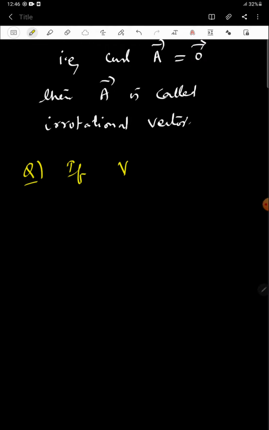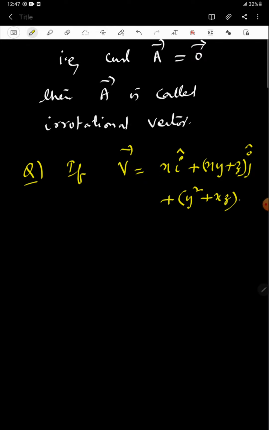Now let us do a problem quickly on this concept of curl. If vector V is equal to xi plus (xy plus z)j plus (y square plus xz)k, then find curl of this vector V at the point (1, 1, 1).